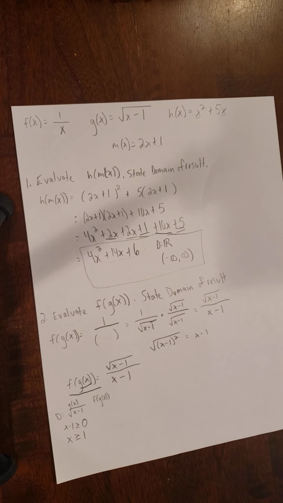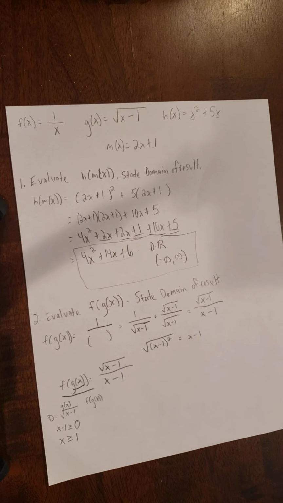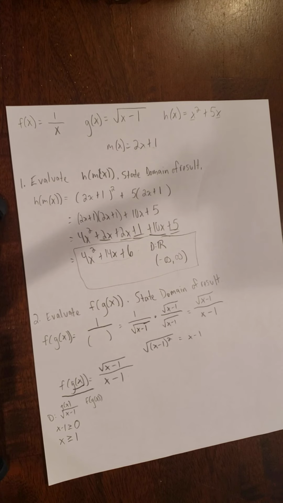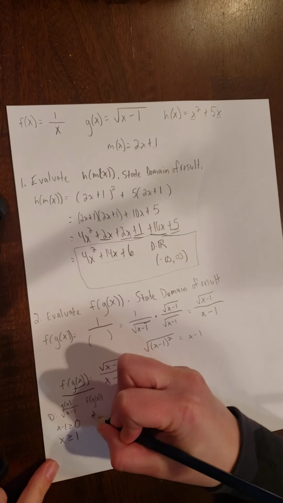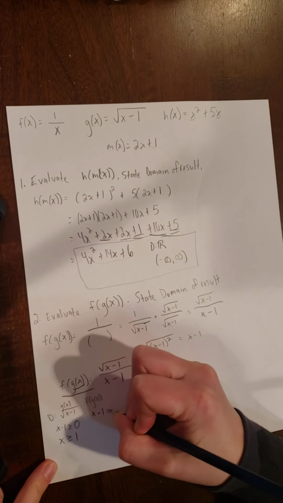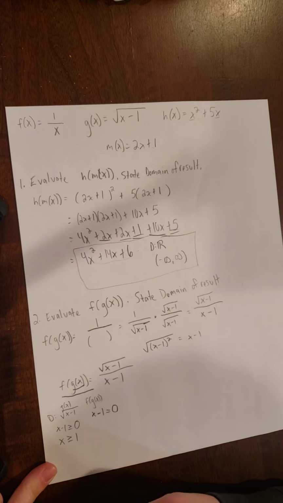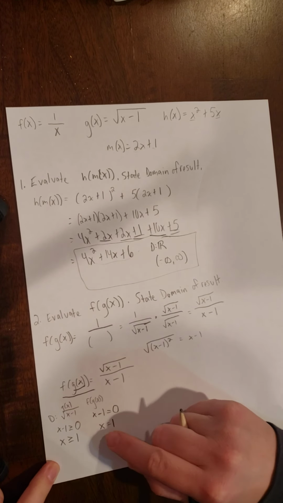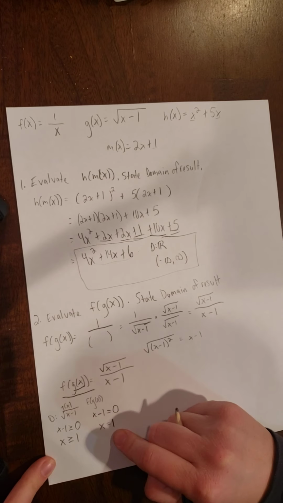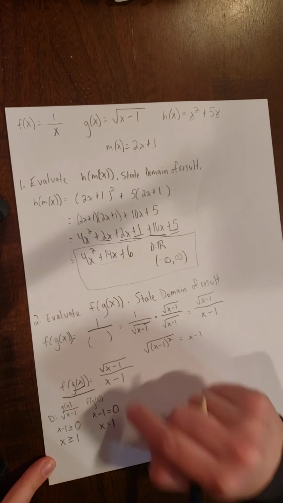Therefore, as long as there are variables in the denominator, you need to check and make sure, can any real number make the denominator 0? If it can, then you must restrict it out of the domain. So sitting in the denominator is x minus 1. That cannot be 0. So what number makes that 0? 1. Therefore, 1 is not allowed in the domain because 1 is going to make f of g of x have a denominator of 0.